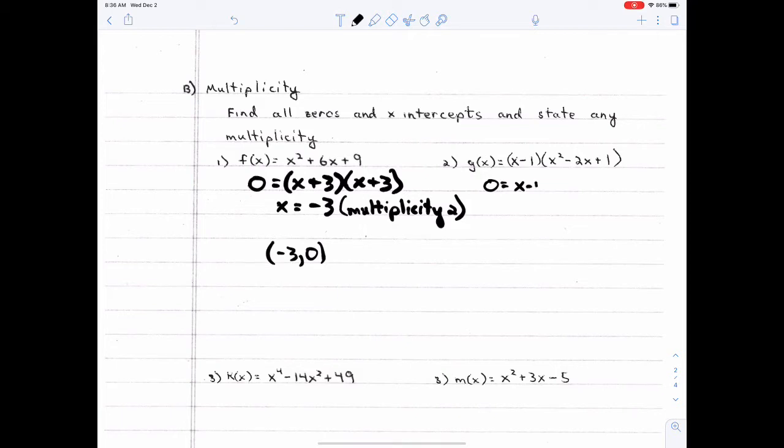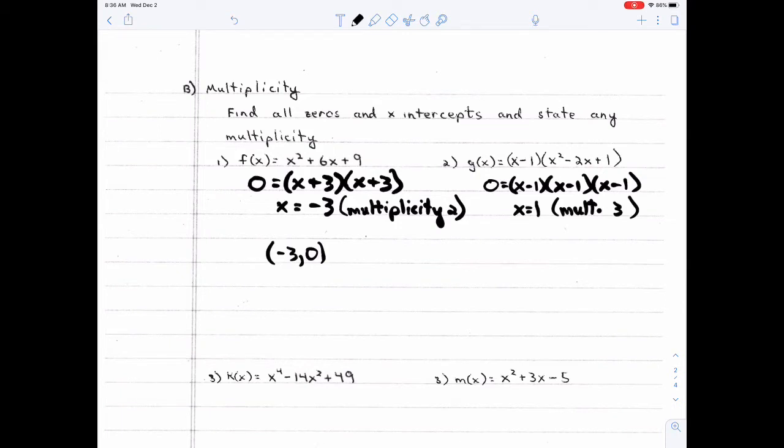Here we have x minus 1 is already given to you, and then this is x minus 1 times x minus 1. So what's the value of x? 1 with a multiplicity of 3, because notice it exists 3 times.